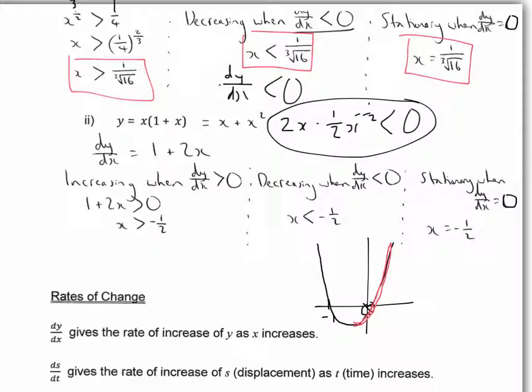Okay, so let's work out where that critical point is there. It's halfway between minus 1 and 0. It is at minus a half. If you plug in an x value bigger than minus a half, your function is going up. It is an increasing function. If you plug in exactly the value itself of minus a half, you get this critical little point down here. You get the position where the gradient is 0, where it's completely stationary.